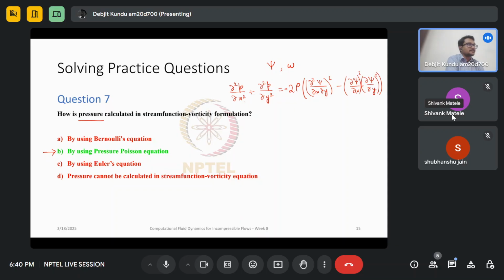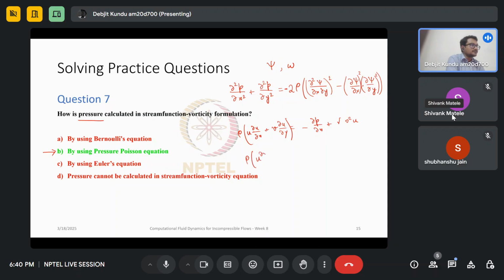Anyway, the way that you get this, let me tell you, so it will be easier to remember. So basically, you have the Navier-Stokes equations, right? u ∂u/∂x + v ∂u/∂y equals minus 1 by rho ∂p/∂x plus nu Laplacian of u.